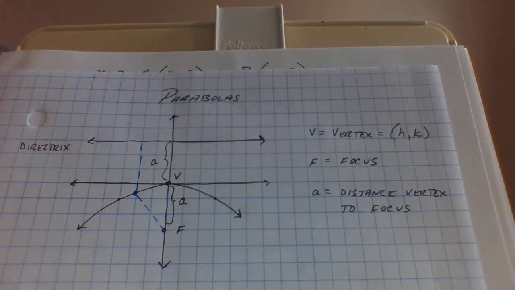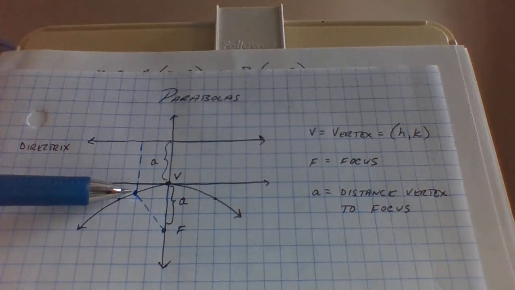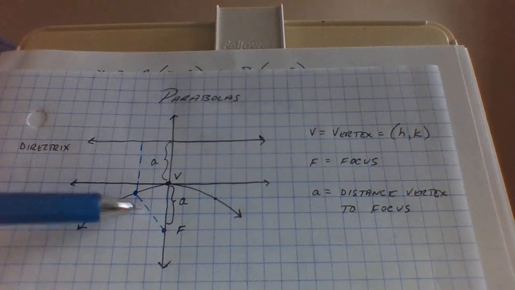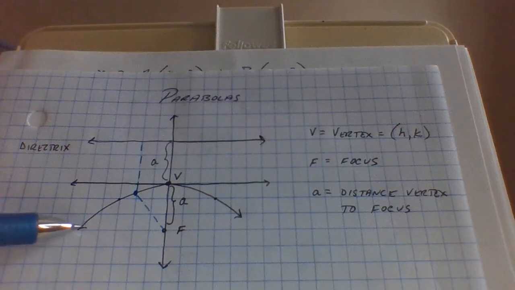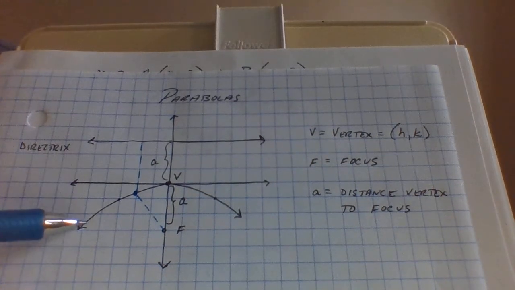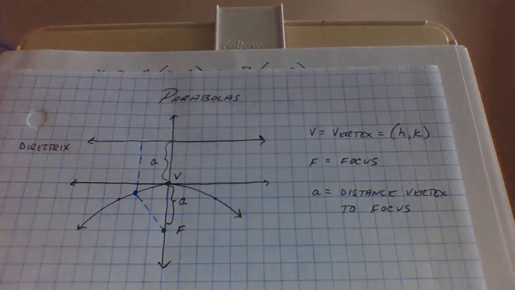Obviously, my drawing here is not drawn to scale, but just know that those are the pieces that would be equal to each other. If I move this point outward here on my parabola, this distance from the directrix to my parabola would then be the same as from this point over here to my focus.